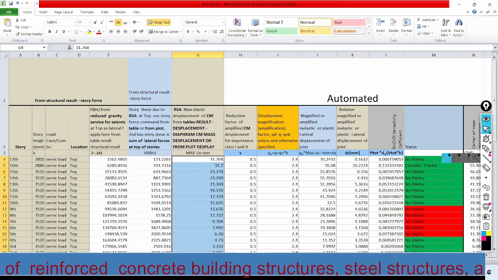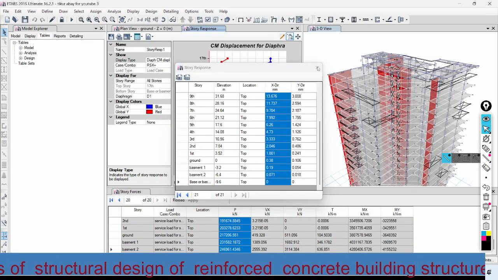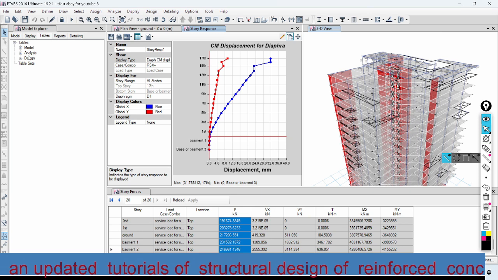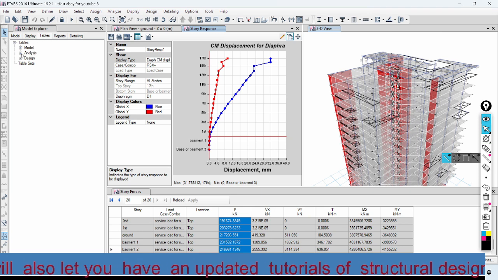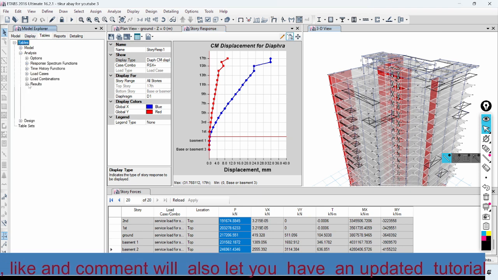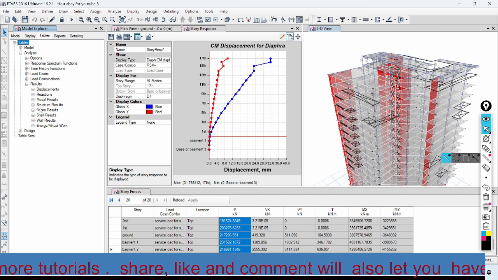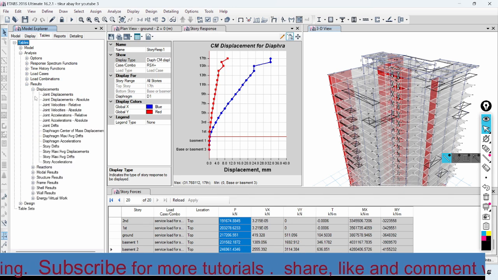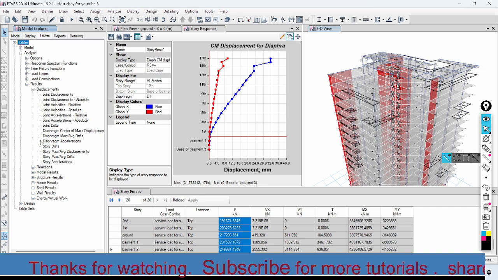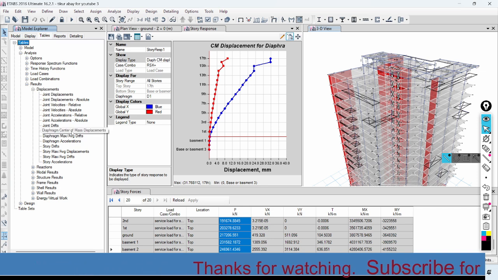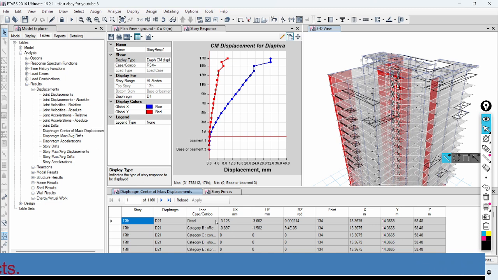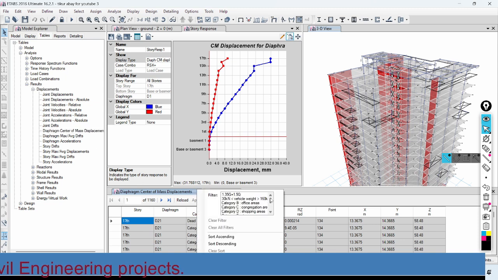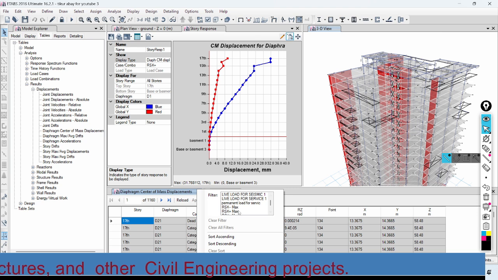Or I can use simply the table menu, analysis, results, displacements. Here center of mass displacement, that means diaphragm center of mass displacement. Just like this one. The combination is the response spectrum in x direction.